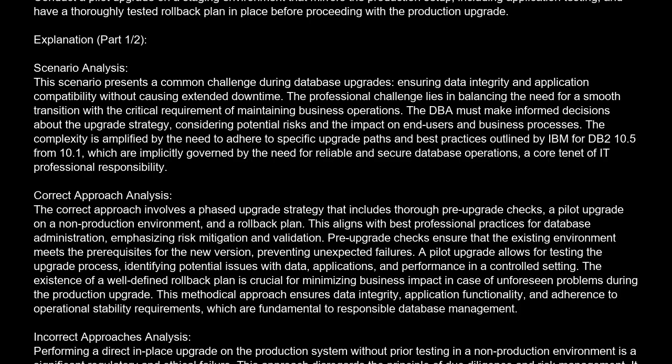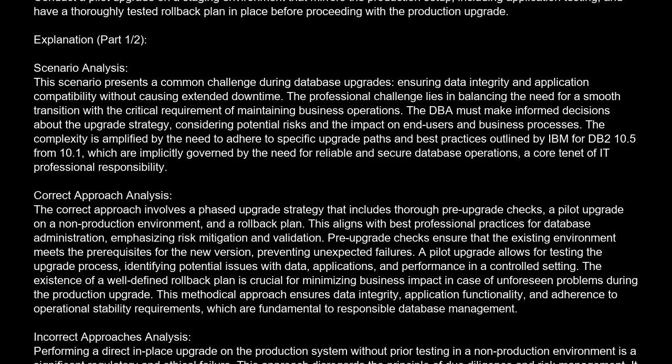A pilot upgrade allows for testing the upgrade process, identifying potential issues with data, applications, and performance in a controlled setting. The existence of a well-defined rollback plan is crucial for minimizing business impact in case of unforeseen problems during the production upgrade. This methodical approach ensures data integrity, application functionality, and adherence to operational stability requirements, which are fundamental to responsible database management.